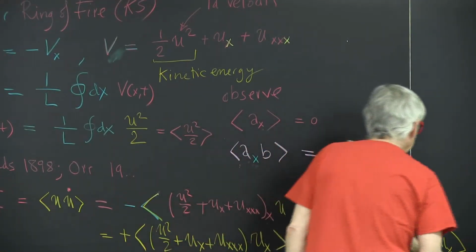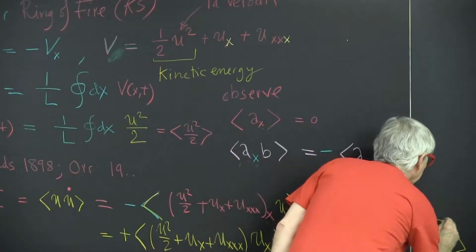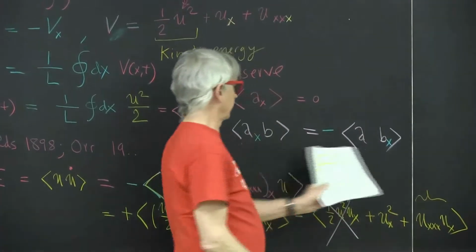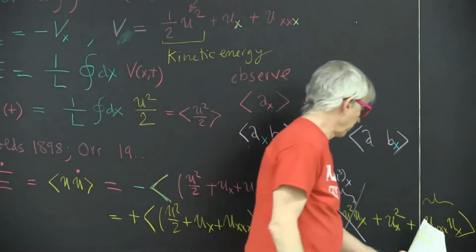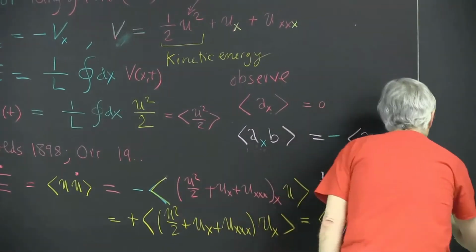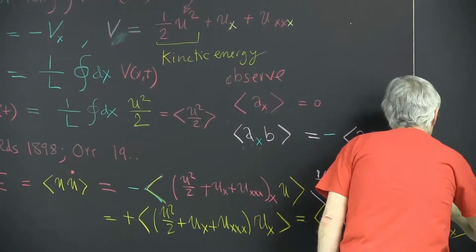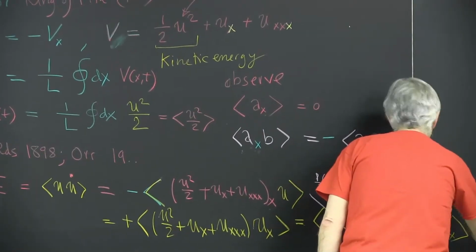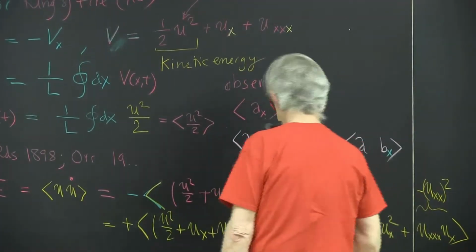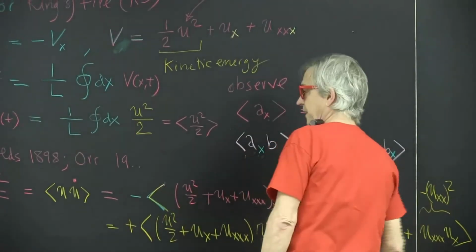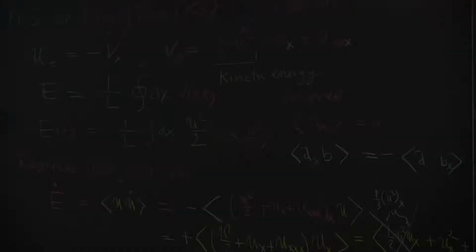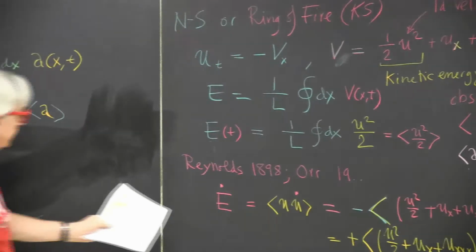And here I can again use integration by parts to move one of the derivatives over here, and I'll get minus u_xx squared. That cannot vanish either. So what do we get?